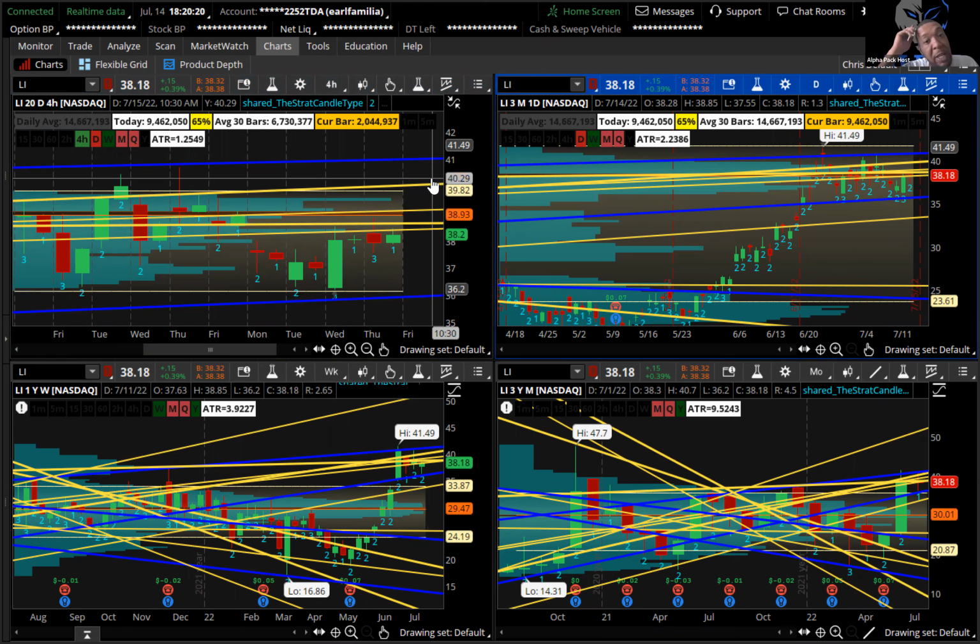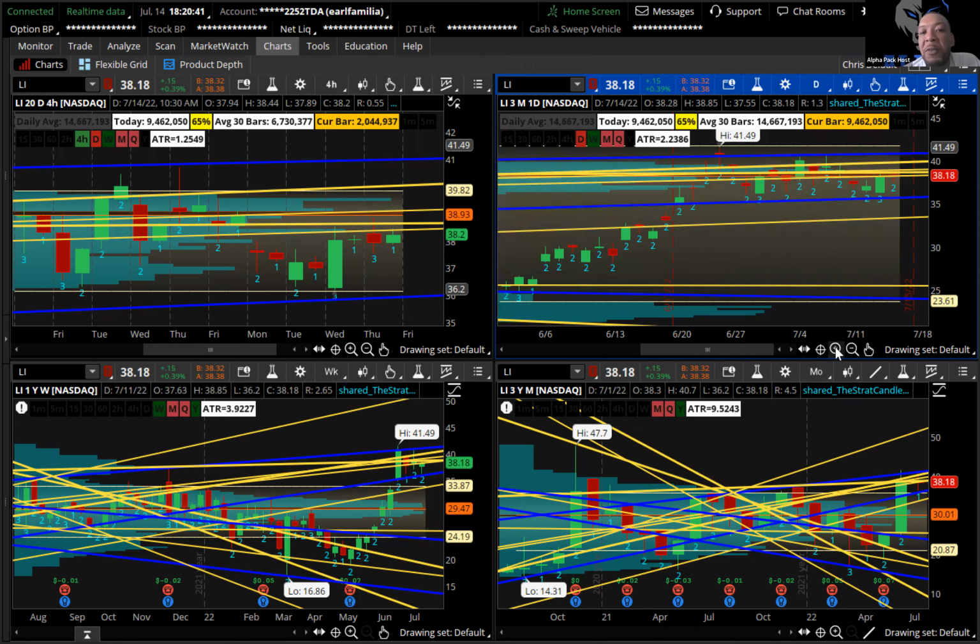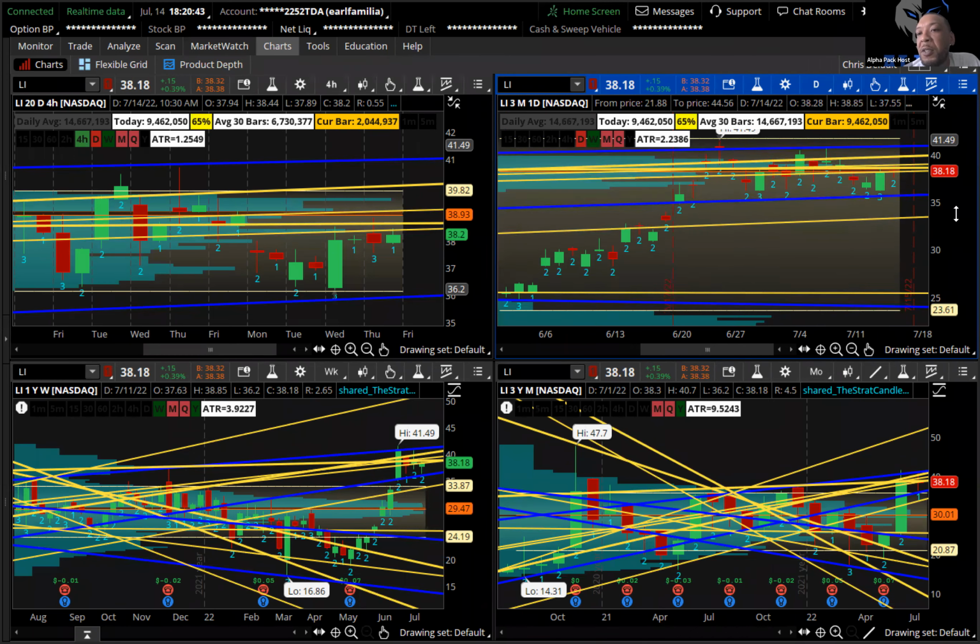But if I'm trying to take a short-term trade into that, I'm not trying to do that. And sure, there may be the chance that it does blow through all those broadening formations, but the probability of that isn't as likely. So for that reason, I would not consider Lee for a 4-hour trade tomorrow, even though it does have a bullish type setup.